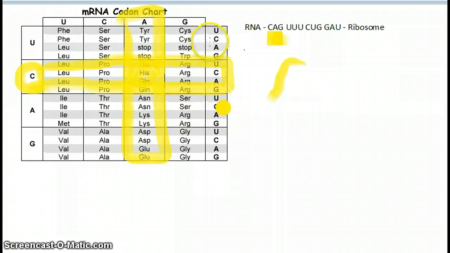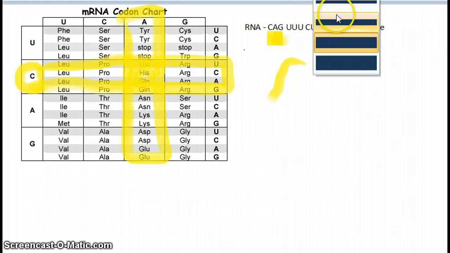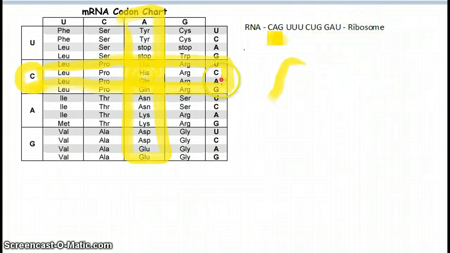Then you come over here to the right-hand side, and that is going to be your third letter. Our third letter here is G, and we read across here, and that means that GLN is the amino acid that will be attached to this ribosome.